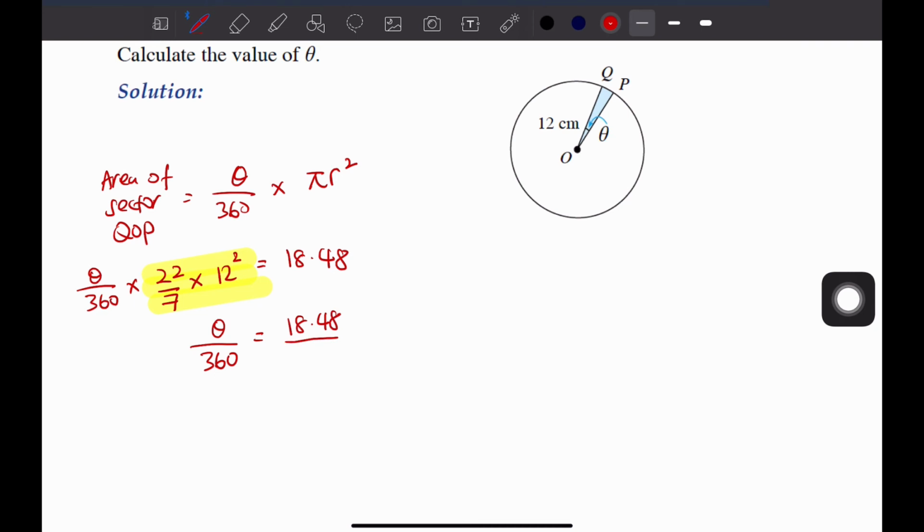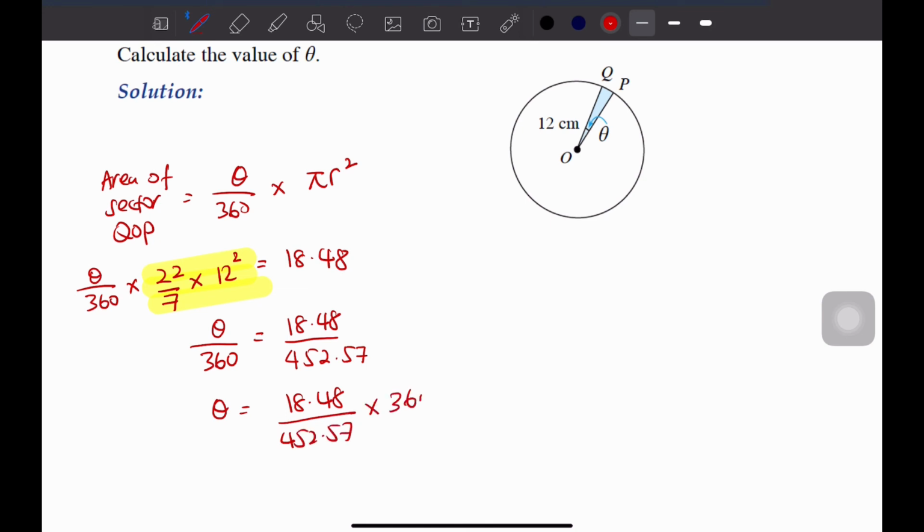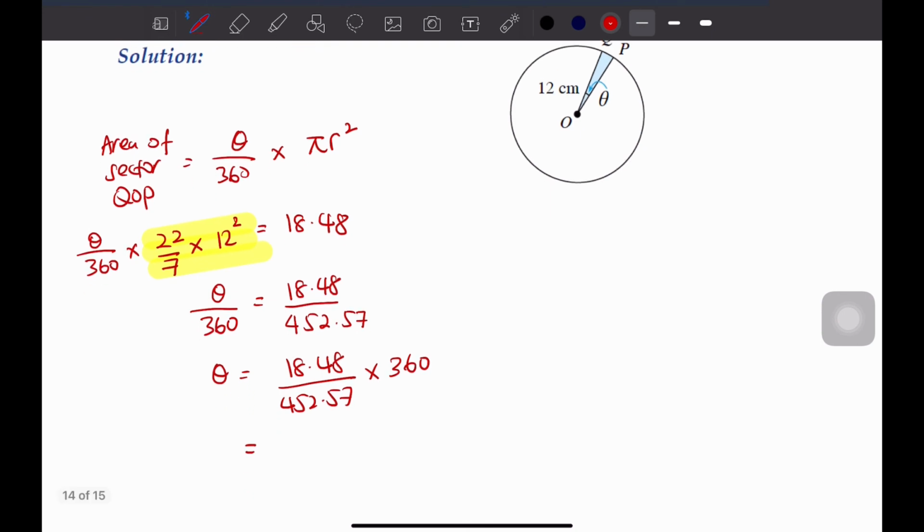So you will get 452.57. Next we want to calculate the value of theta. So 360, you move it to the other side, it becomes times. So theta equals 18.48 divided by 452.57 times 360.